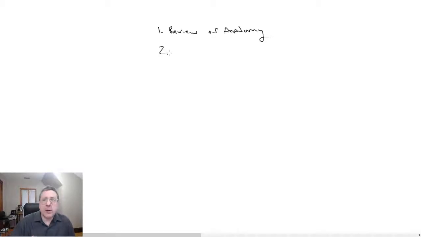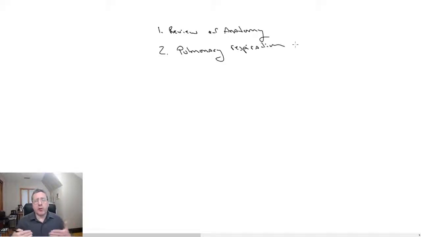Then we're going to get into the nitty-gritty of this, and this is going to be the pulmonary respiration. And pulmonary respiration is going to have four primary components. The first one that we're going to be looking at is pulmonary ventilation.